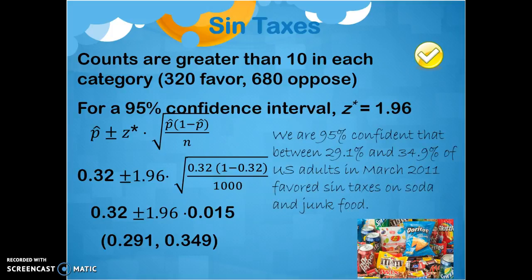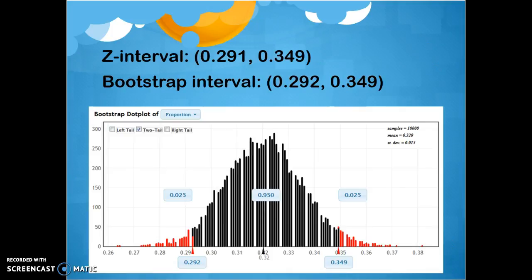Usual interpretations, again, there's really nothing new here in terms of interpretations. It's just how do we get to the number? So we're still 95% confident that the population proportion is about 0.29 to 0.349 for U.S. adults at this time who favored sin taxes.